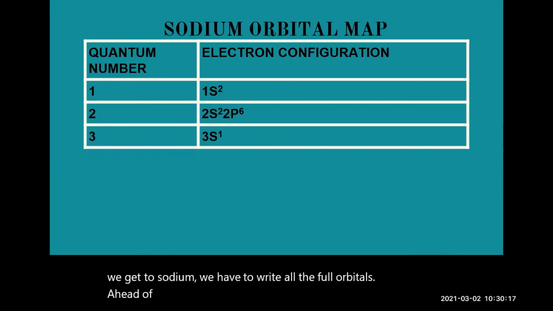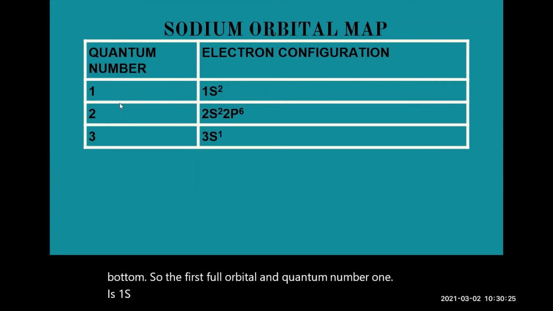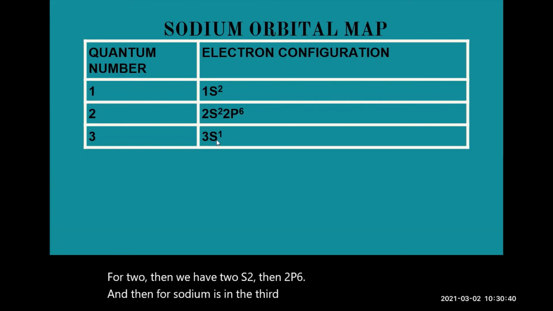And remember, you read it from left to right, top to bottom. So the first full orbital in quantum number 1 is 1s2. Then we go to quantum number 2, or the 2nd row. Then we have 2s2, then 2p6. And then sodium is in the 3rd row, 1st column, so it's 3s1.